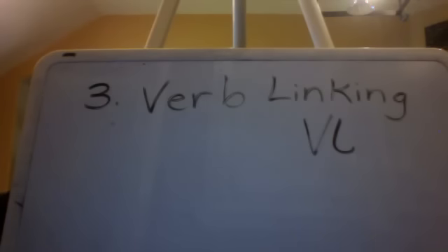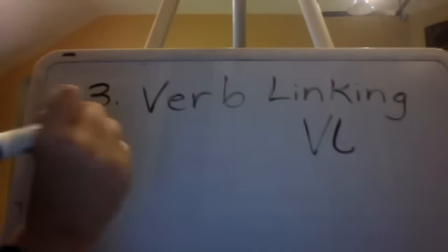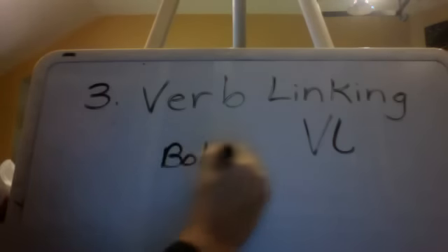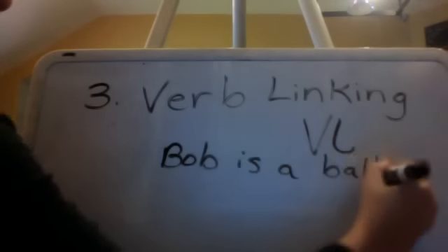A linking verb renames the subject with either a predicate noun or it describes the subject with the predicate adjective. So we can change our sentence, Bob hit the ball, to Bob is a ball hitter.